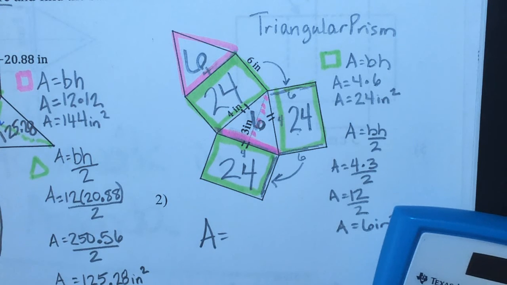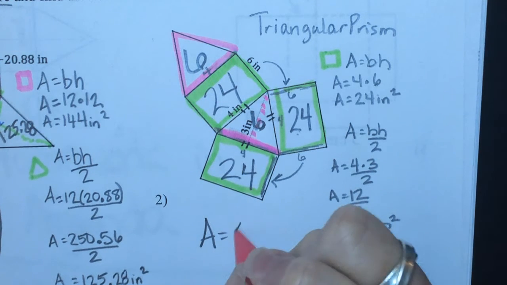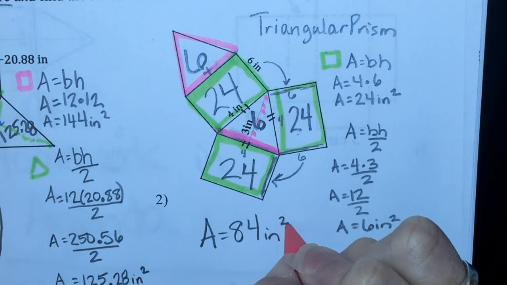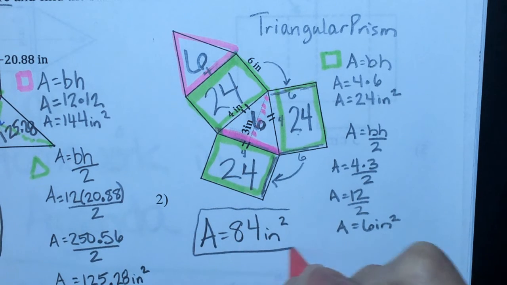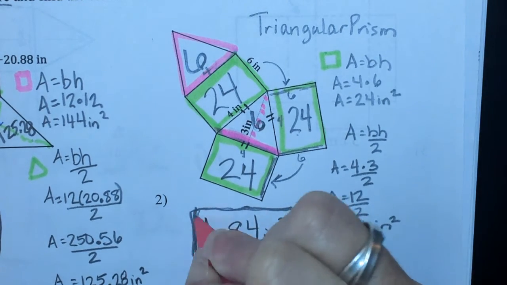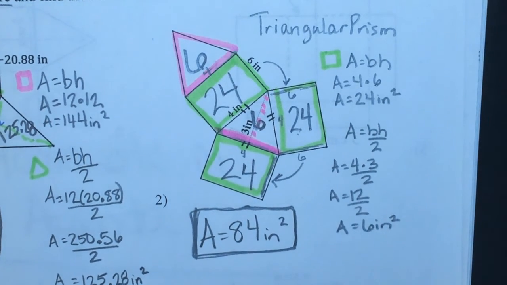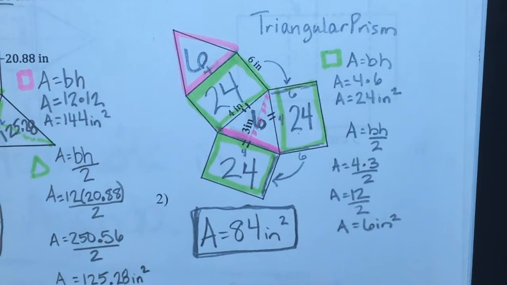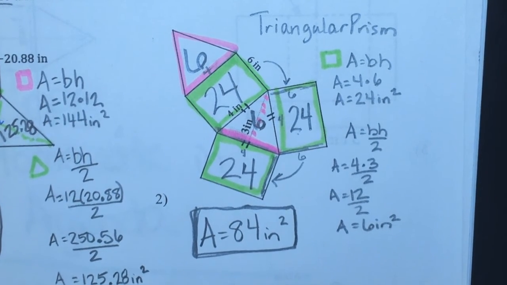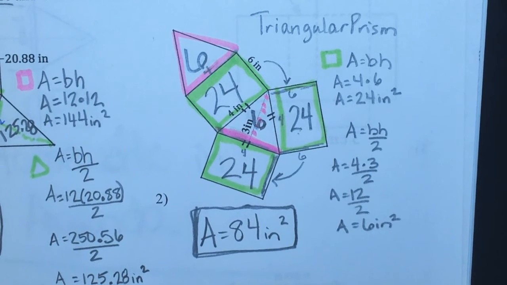Plus 12, or 6 and 6, is 84. Please add those numbers up twice if you're doing them on your own. Okay.